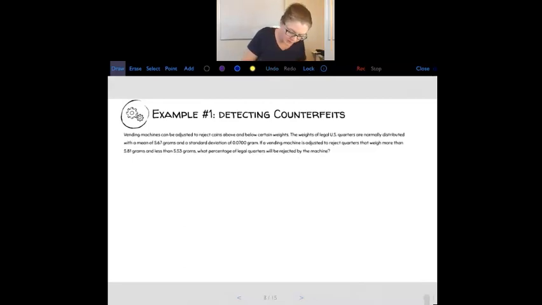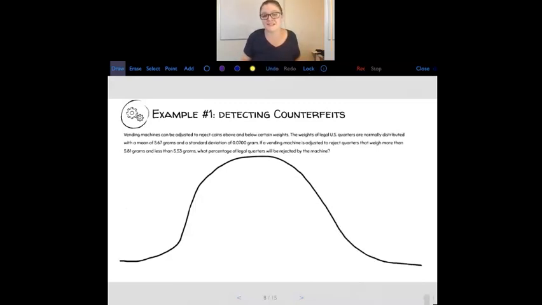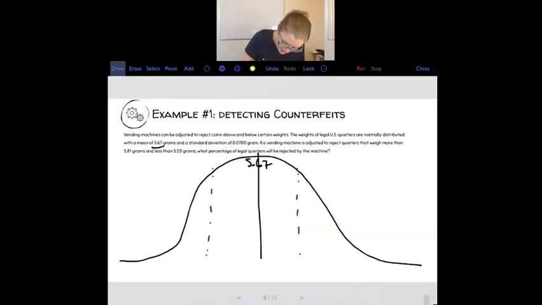So I'm going to draw my normal distribution. Use your imagination and pretend it's symmetric. I'm given the mean as 5.67. Now, within one standard deviation of the mean, you add 0.07 to get to the next value.